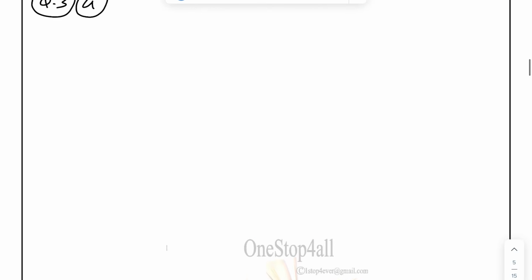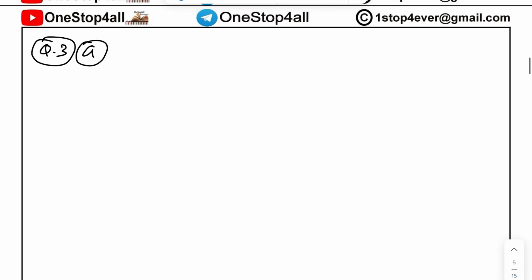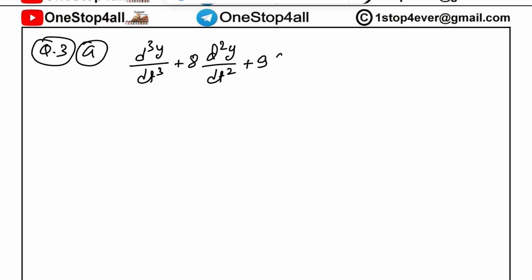So, now we will start. For this one, we need to assume the state variables, as the equation is given: d cube y by dt cube plus 8 d square y by dt square plus 9 dy by dt equal to 3 x of t.